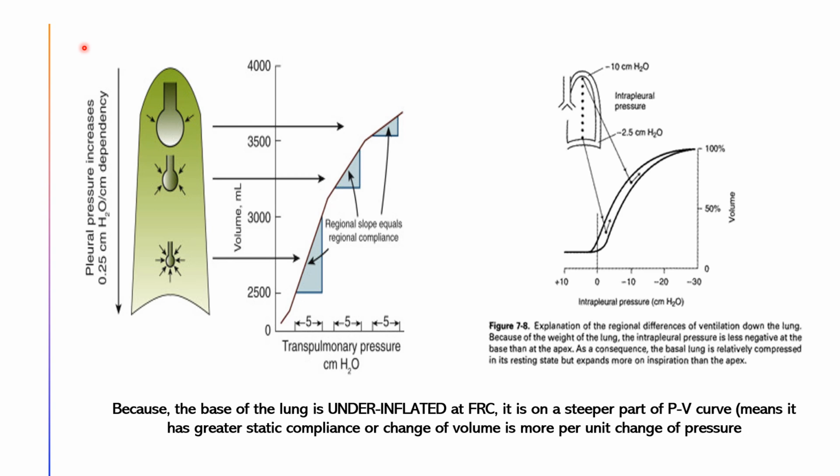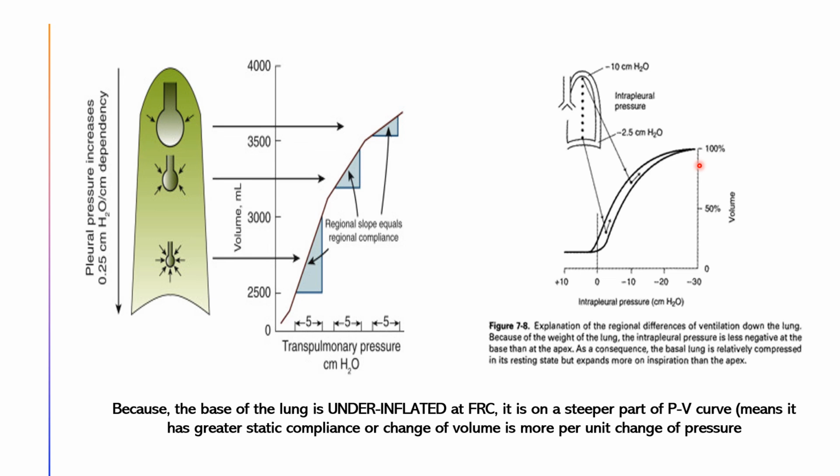But as it is already overinflated, the apical alveoli will be almost at the plateau phase of this pressure volume curve. That means an increase in pressure will not increase much of the volume of the alveoli.